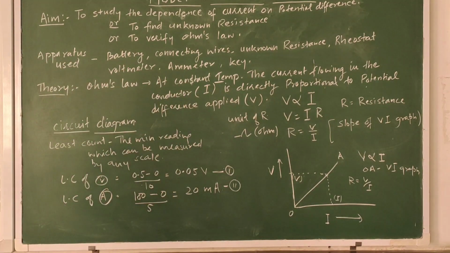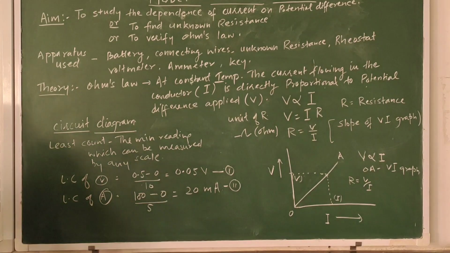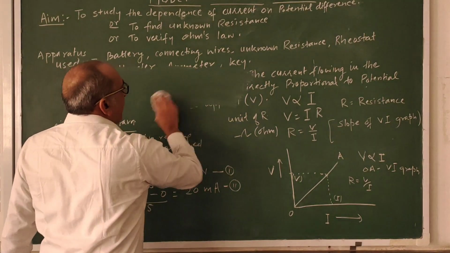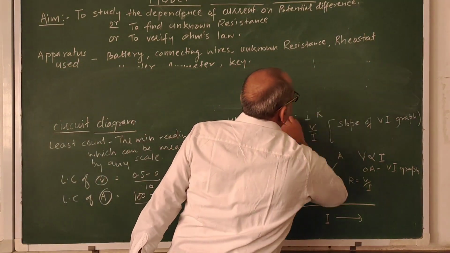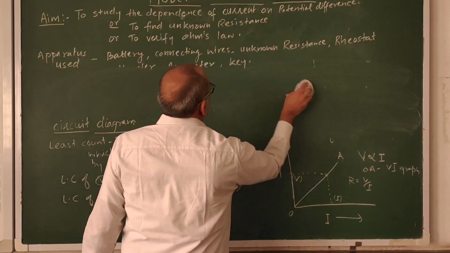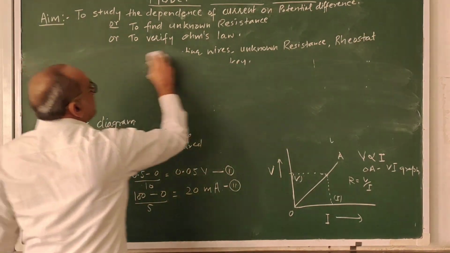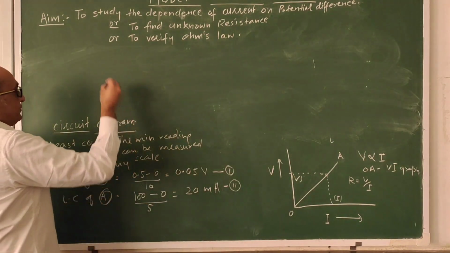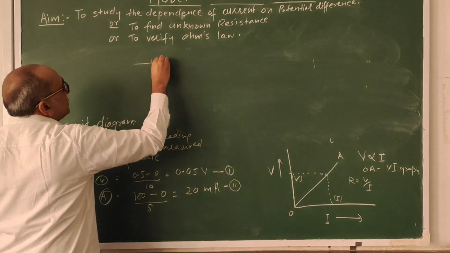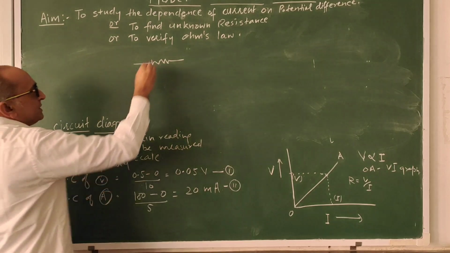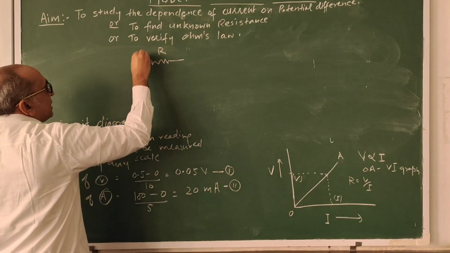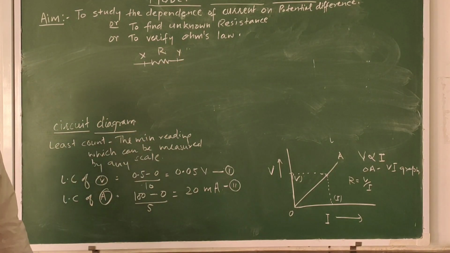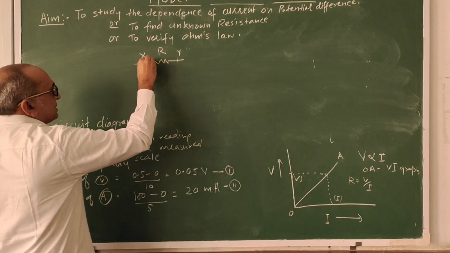Now I am drawing the circuit diagram for you. First, we are taking this unknown resistance R, whose ends are X and Y. We have to measure the potential difference across this resistance.